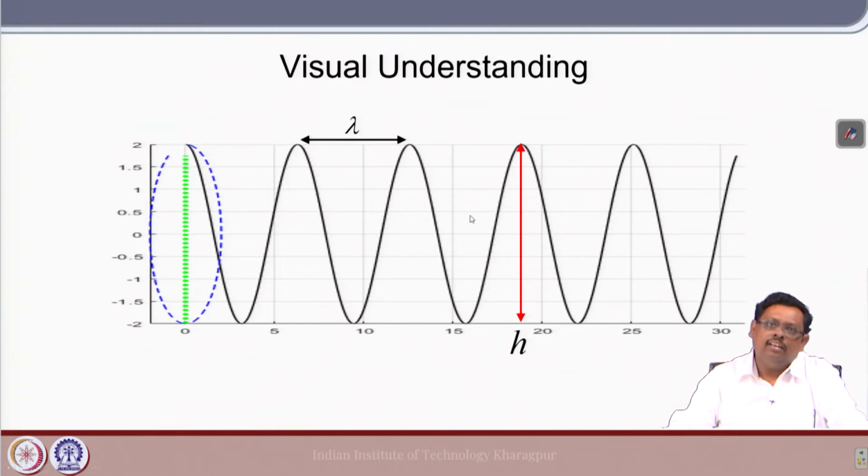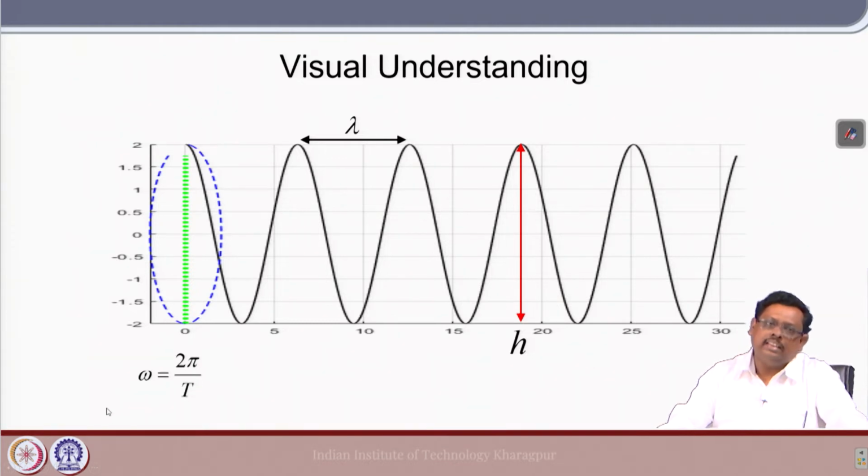Secondly, from this 2 to minus 2, that complete height from the top to the bottom, we call the height of the wave. And this top part we call the wave crest, and this part we call the wave trough.